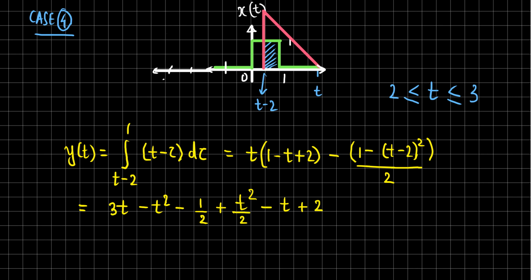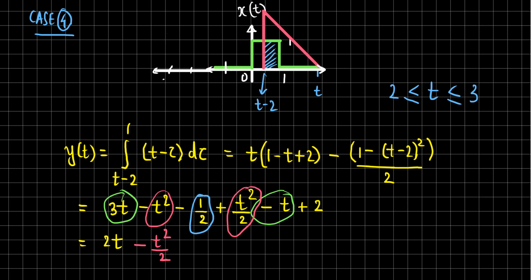So if we segregate the terms of t, that is going to be 2t, and if we segregate the terms of t square, that is going to be minus t square by 2, and the rest, that is minus half plus 2, is going to be plus 3 by 2.